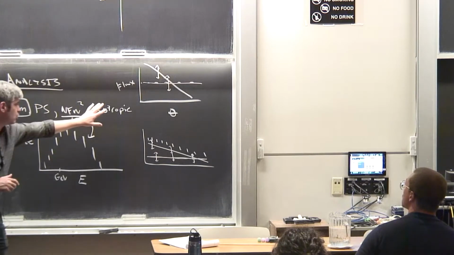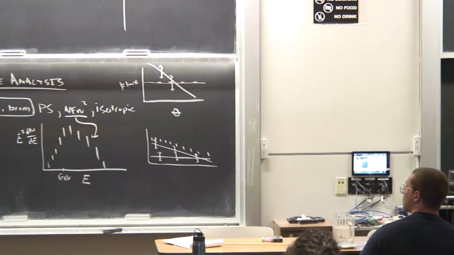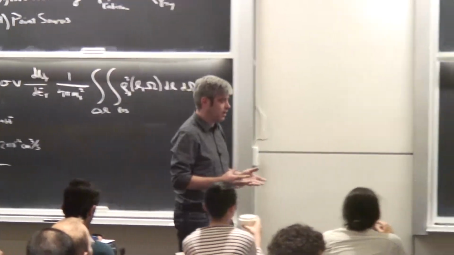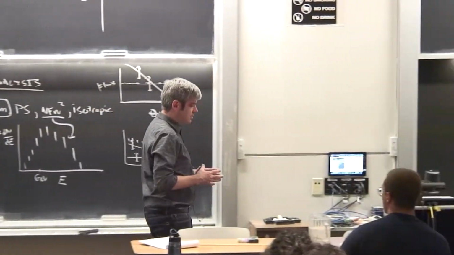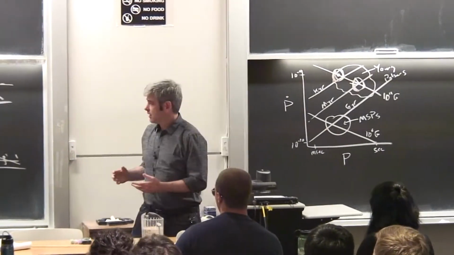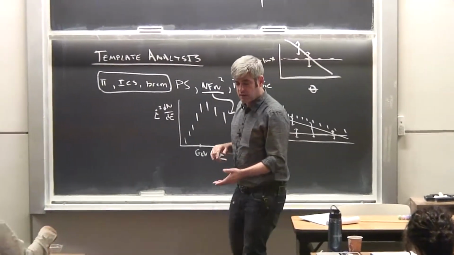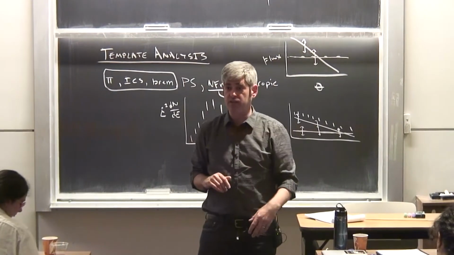It's similar to this sort of template fit, but in addition to these templates, you include another set of templates that are non-Poissonian in nature. What I mean by that is when I write down, for example, my isotropic template, it says this pixel has a mean expectation of having 5 photons in it.